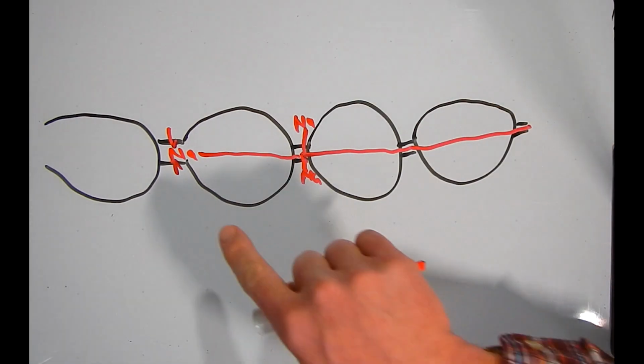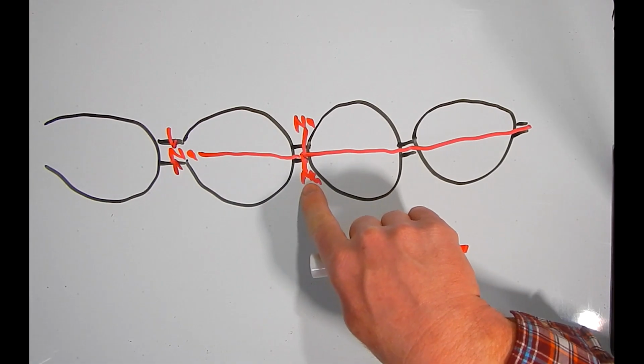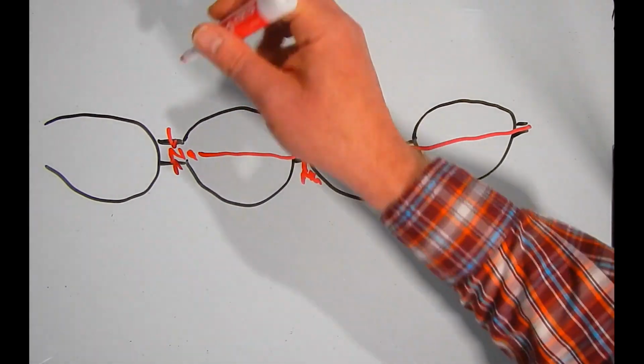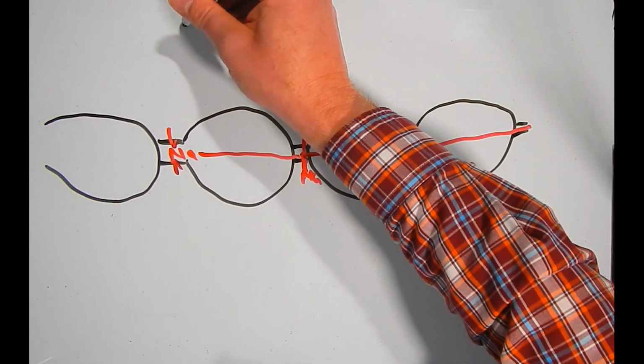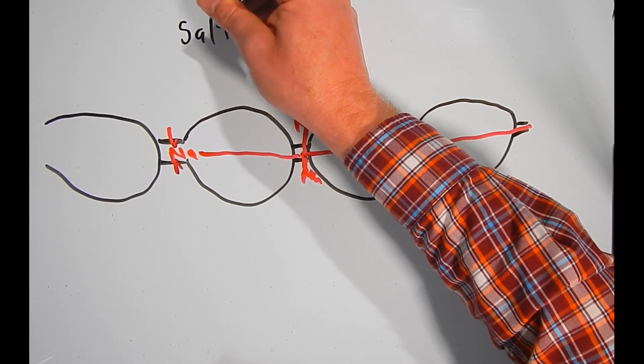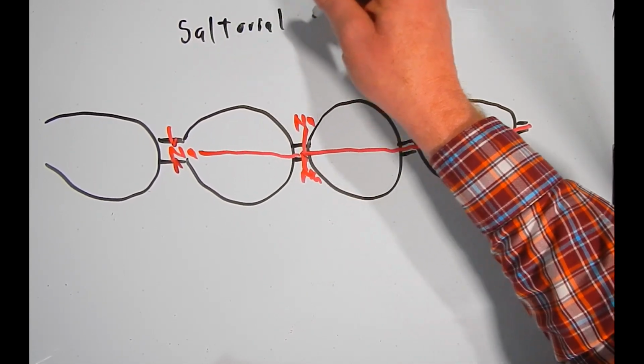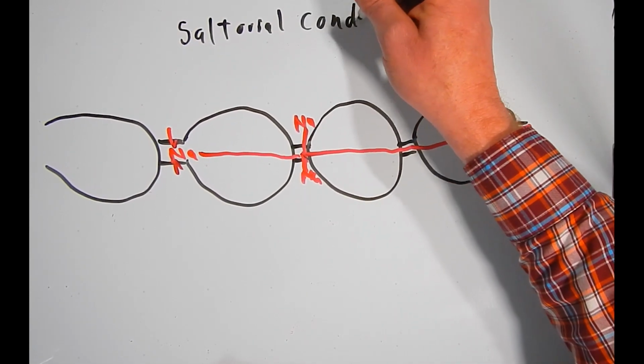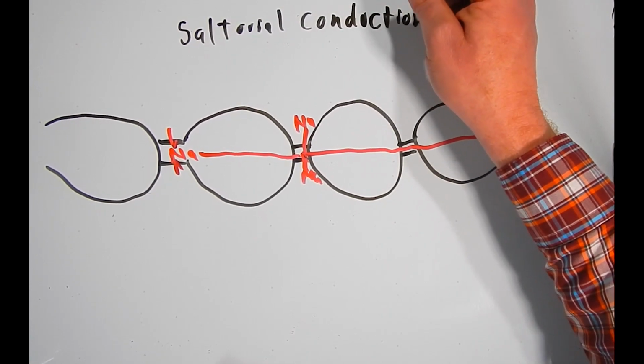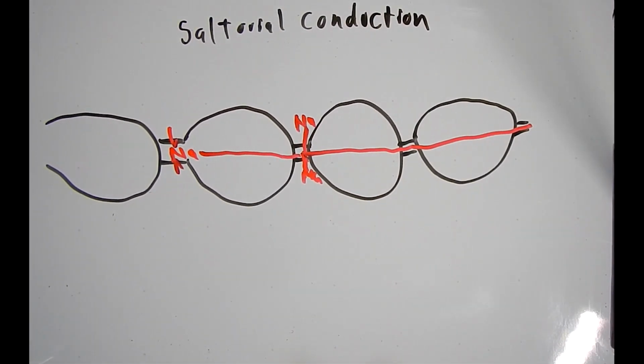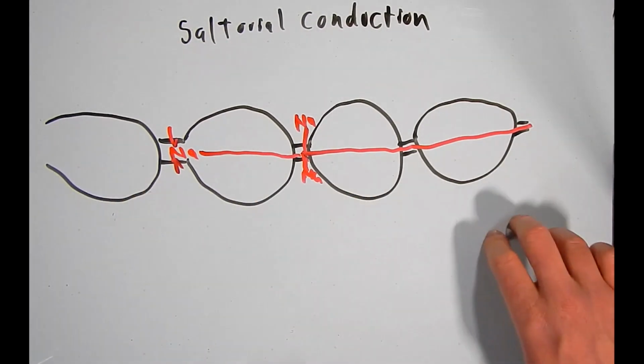This jumping action from node of Ranvier to node of Ranvier is referred to as saltatory conduction, and is a much faster way of conducting the signal along the length of the axon.